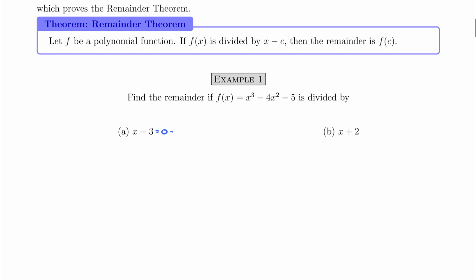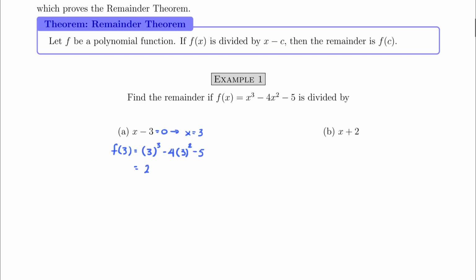So if we set it equal to 0, then we get that x has to be equal to positive 3. And we can take that value of positive 3 and we can evaluate our given function at 3. And whatever our result ends up being would be the remainder, as if we had actually done the long division or the synthetic division, whichever the case might be.